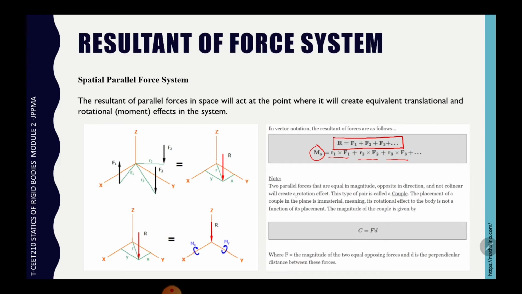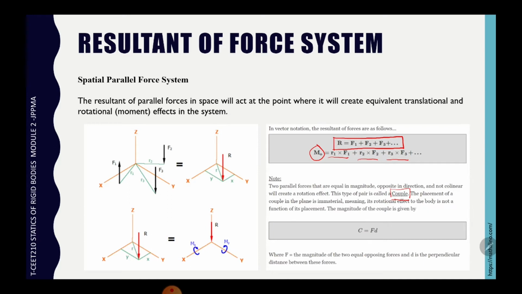Note, two parallel forces that are equal in magnitude, opposite in direction, and not collinear will create a rotation effect. This type of pair is called a couple. The placement of a couple in the plane is immaterial, meaning its rotational effect to the body is not a function of its placement.